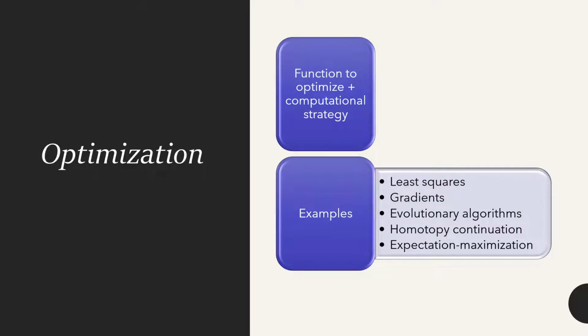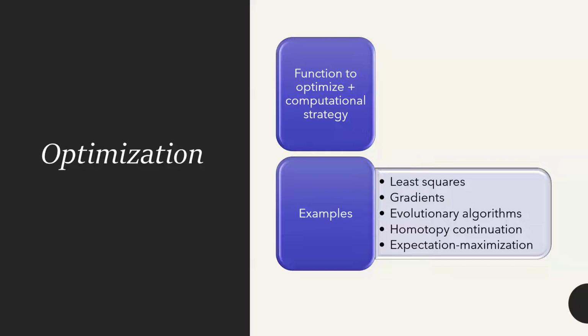Some of the common ones are the least squares approach to regression and gradient descent. Gradients are used all over in deep learning models and in other supervised learning models. We also have evolutionary algorithms, such as genetic algorithms, that find minimums and maximums of a function within this sometimes really complex space.